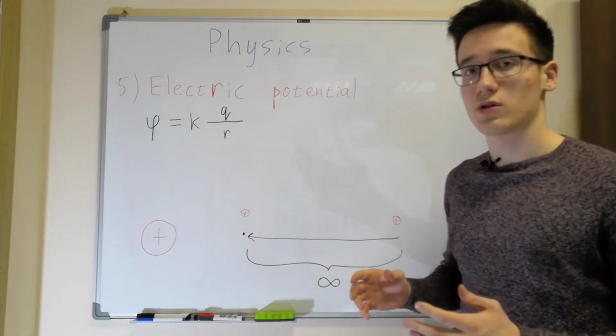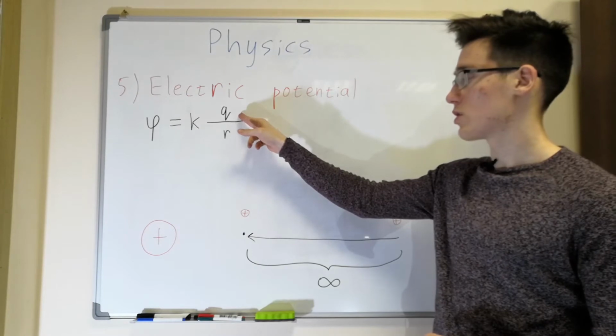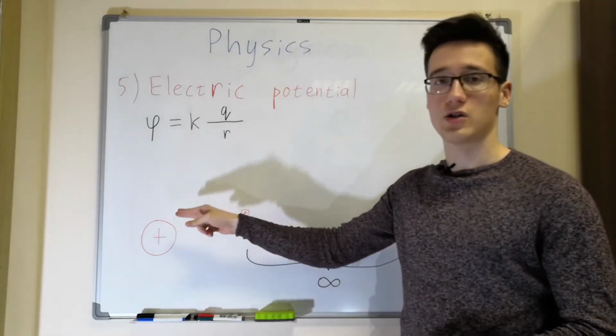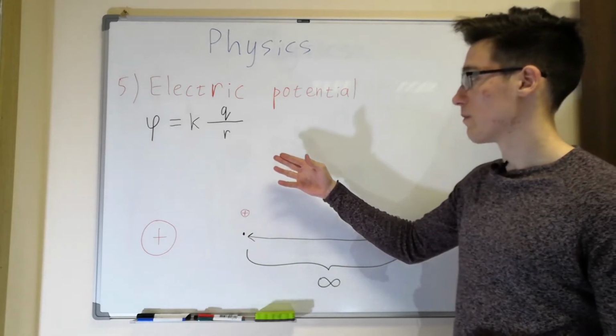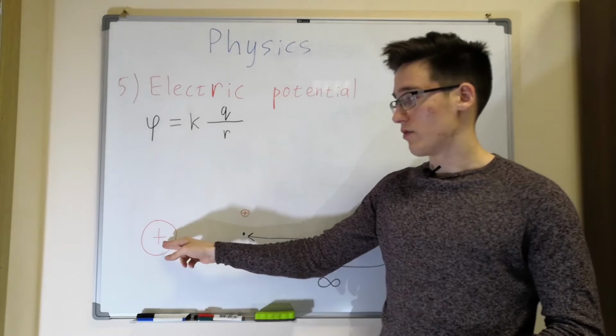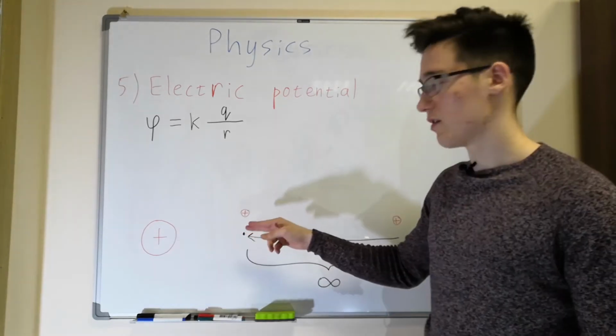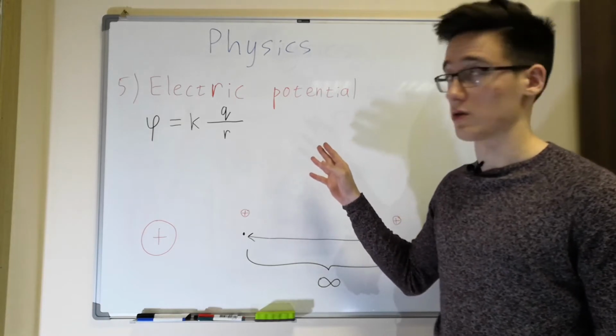So electric potential is actually proportional to the charge of the body generating the electric field, and it is inversely proportional to the distance between the center of the object generating the field and the point in space where we measure the electric potential.